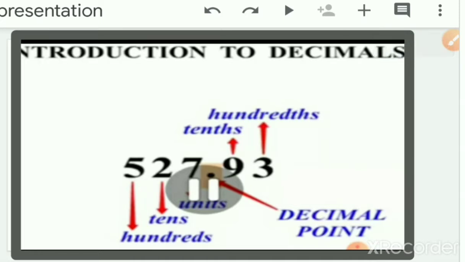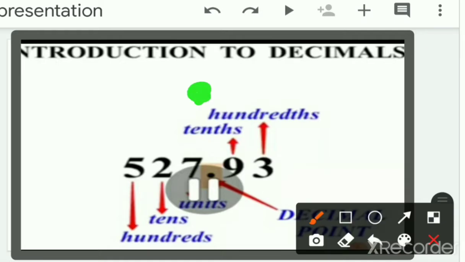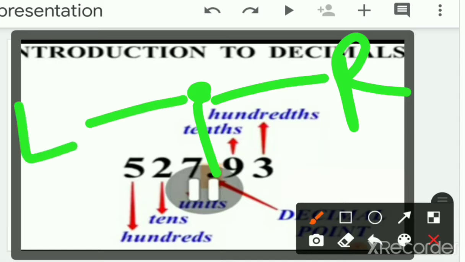Now let's have one more introduction to decimals. Again, after the decimal point, this is the right hand side, this is the left hand side. On the right hand side, after the decimal point, the first digit is in the tenths place. After that the next digit will be having hundredths place.